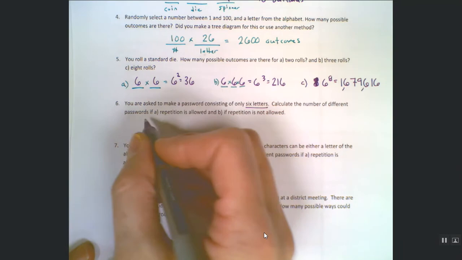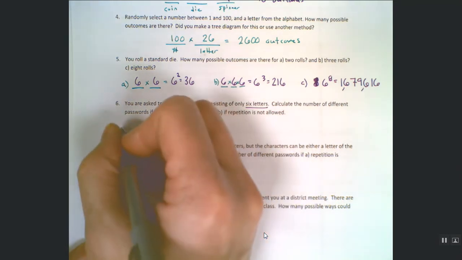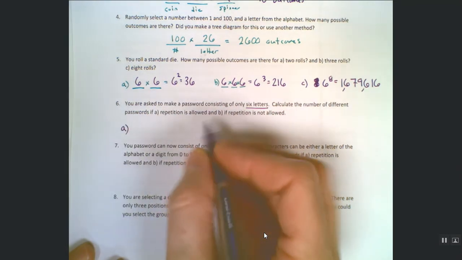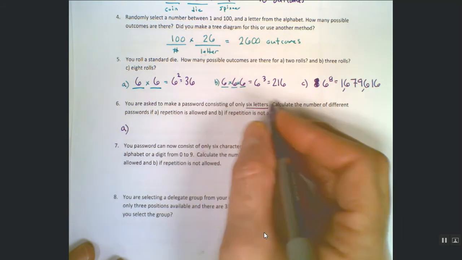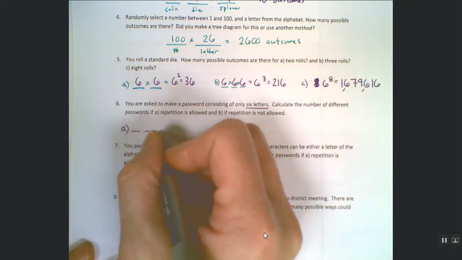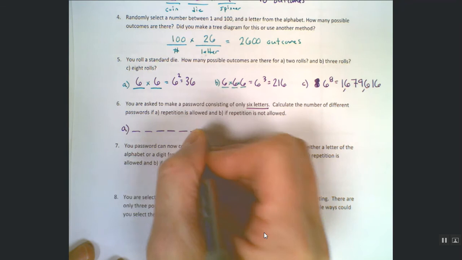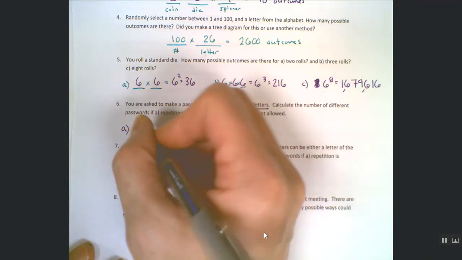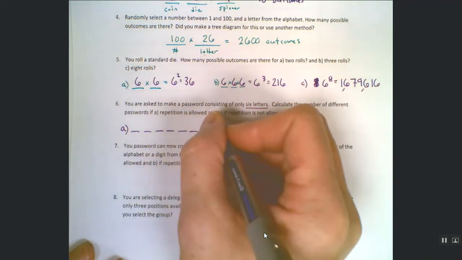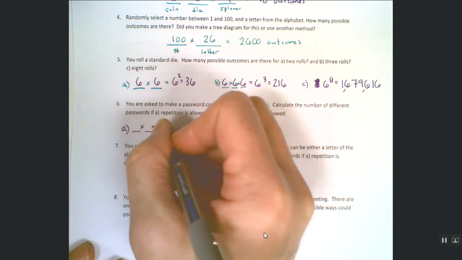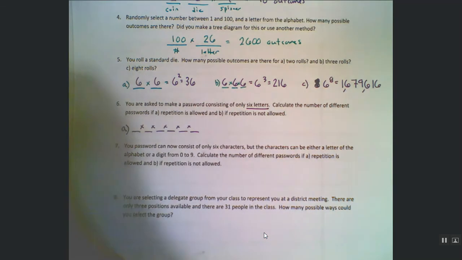Let's say you're asked to make a password consisting of only 6 letters. Calculate the number of different passwords if A, repetition is allowed. Alright, so if repetition is allowed, and there's 6 letters, that's 1, 2, 3, 4, 5, 6, we do multiplication, like so.